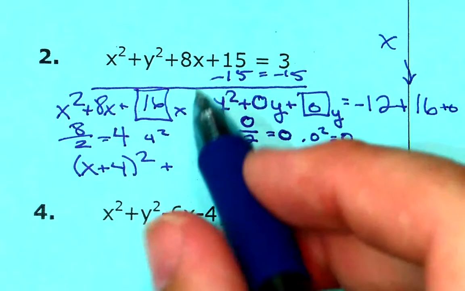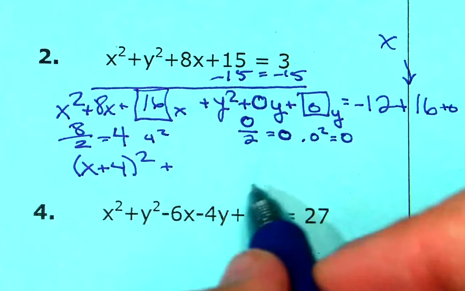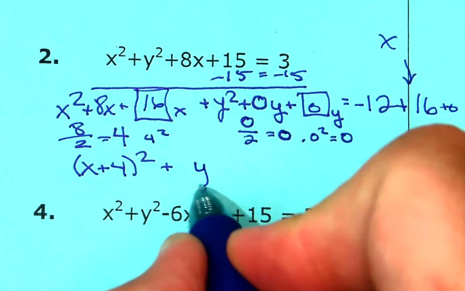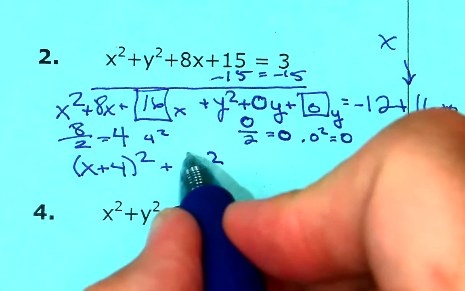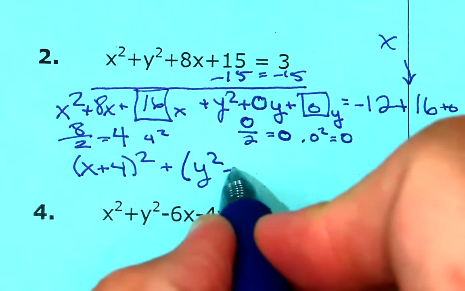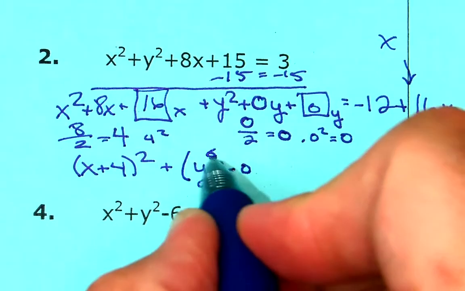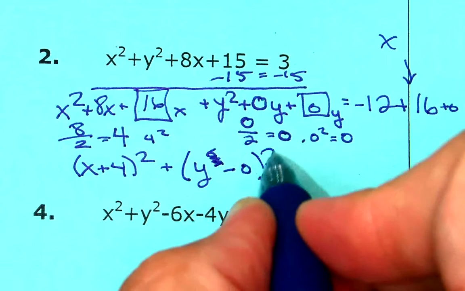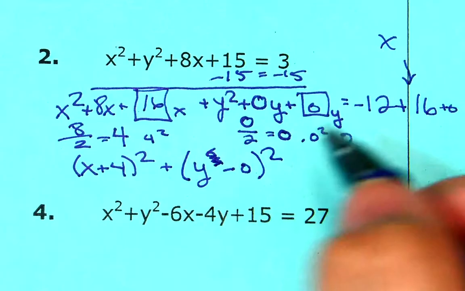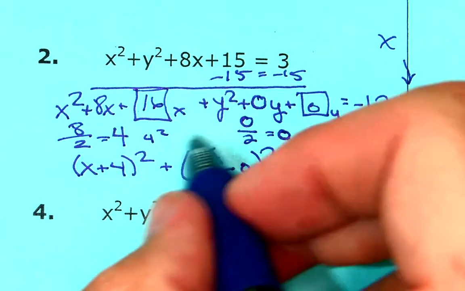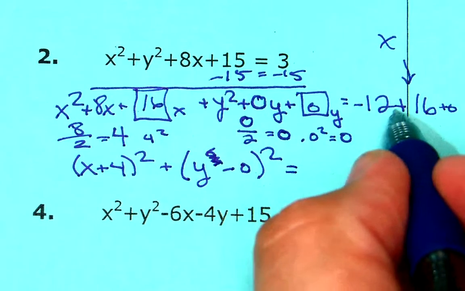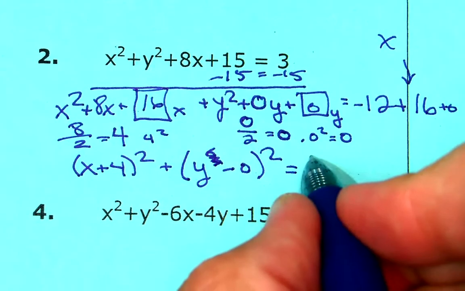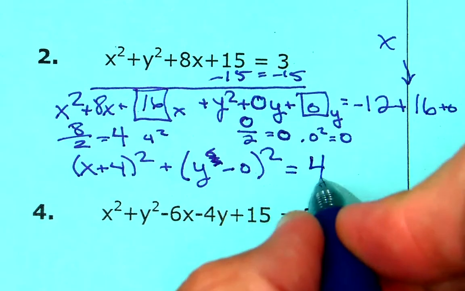Now, normally when you see that, you can automatically go to just saying y squared, like this. Or you could just say y squared minus 0, or y minus 0 quantity squared. However you want to do it. But we know that our y value is going to be a 0 in that case. What's negative 12 plus 16? 4.